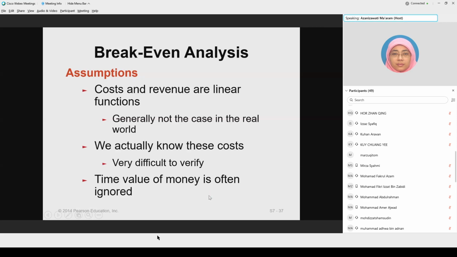We go back to the previous subchapter about depreciation. So this will be ignored. The purpose of break-even analysis is only to find how many units, what volume, we have to produce in order to start receiving the profit.